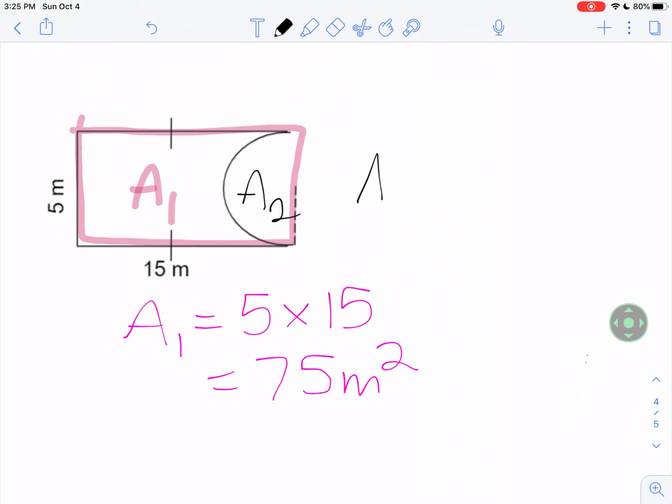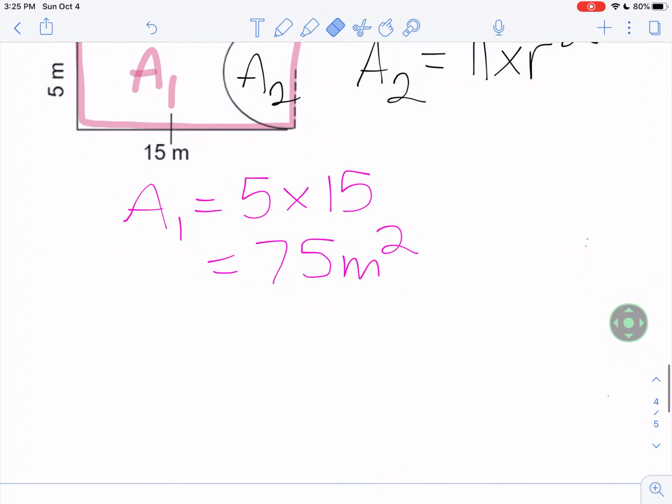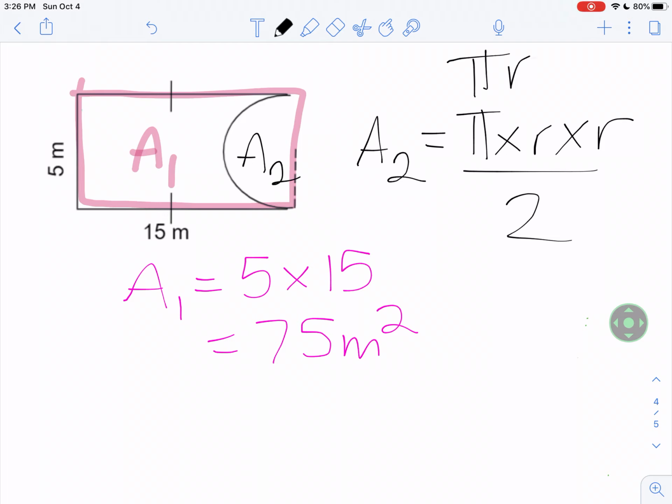So for area 2, we are going to take pi times r squared, which means pi times r times r, and then we're going to divide it by 2. You're going to see the formula written as pi r squared, but that means pi times r times r.